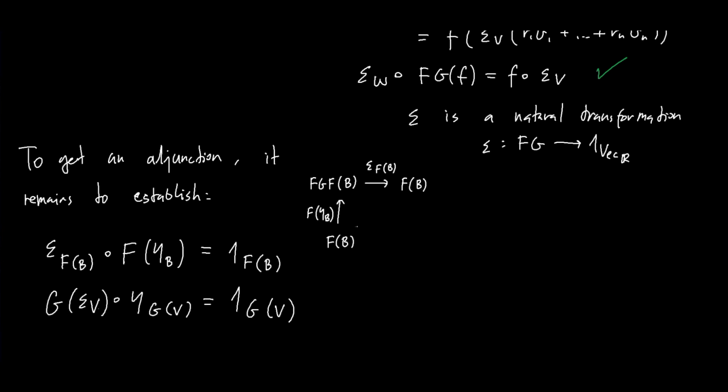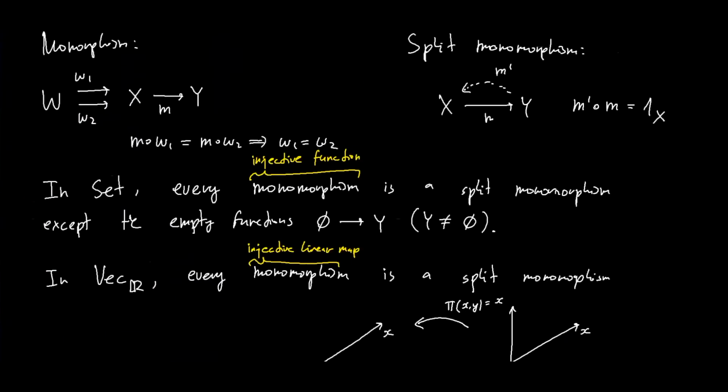And I want this composite here to be the identity morphism. So then I'll begin with, but remember what is a vector there? It's a formal combination of vectors in B. So I'll begin with R1, B1. Now that I think we don't need to do because let me see.